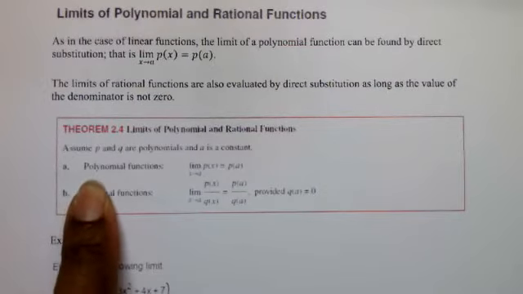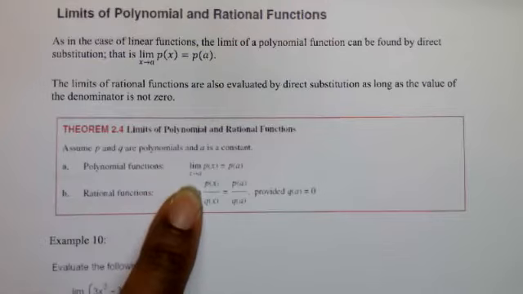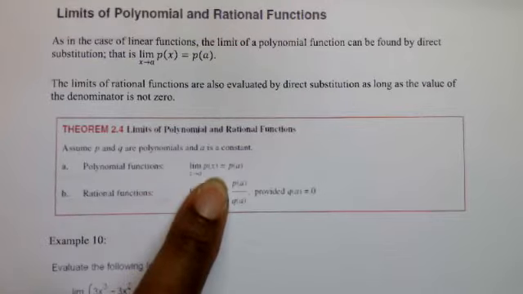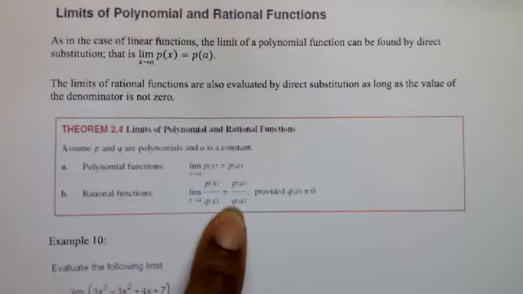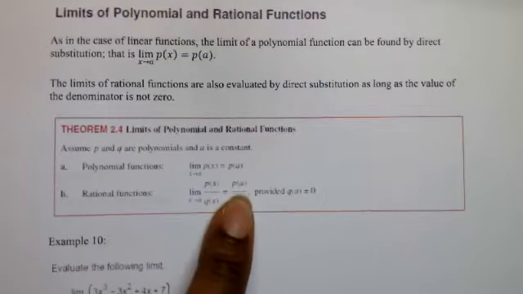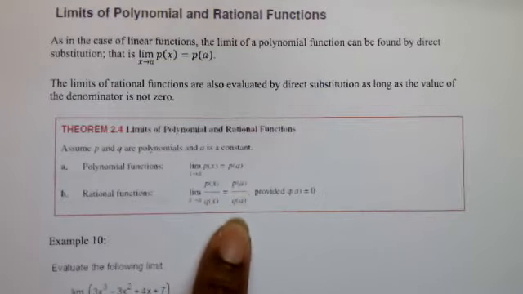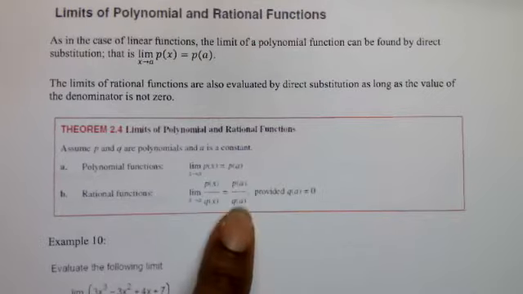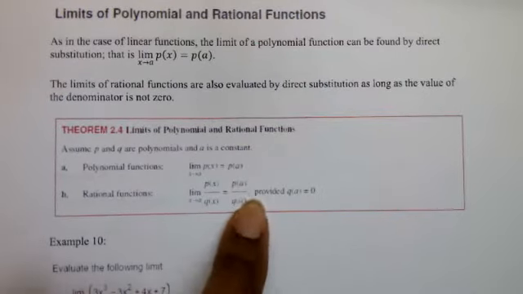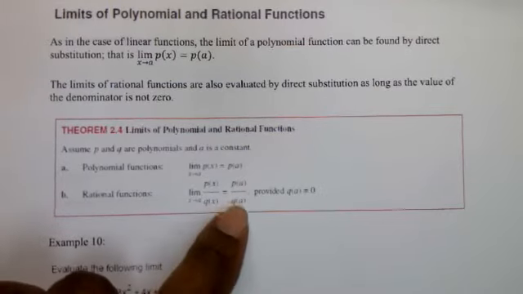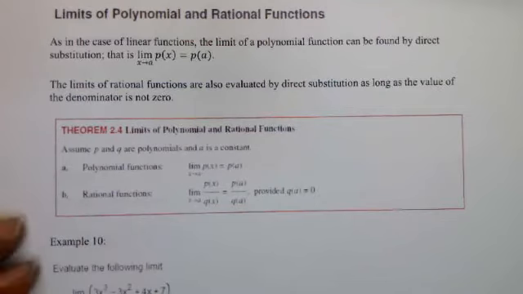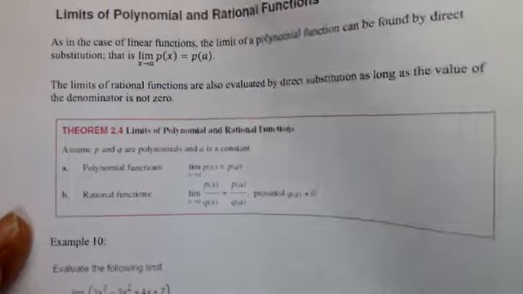For rational functions, we substitute the numerator and the denominator with the a value, but the restriction is that q of a cannot be equal to 0. That means after you substitute your x with whatever a is, you can't have a 0 in the denominator.